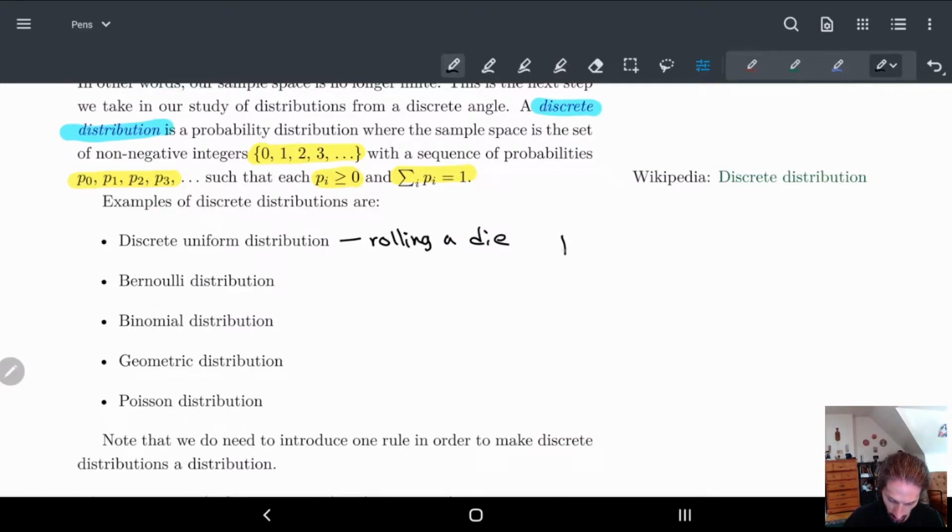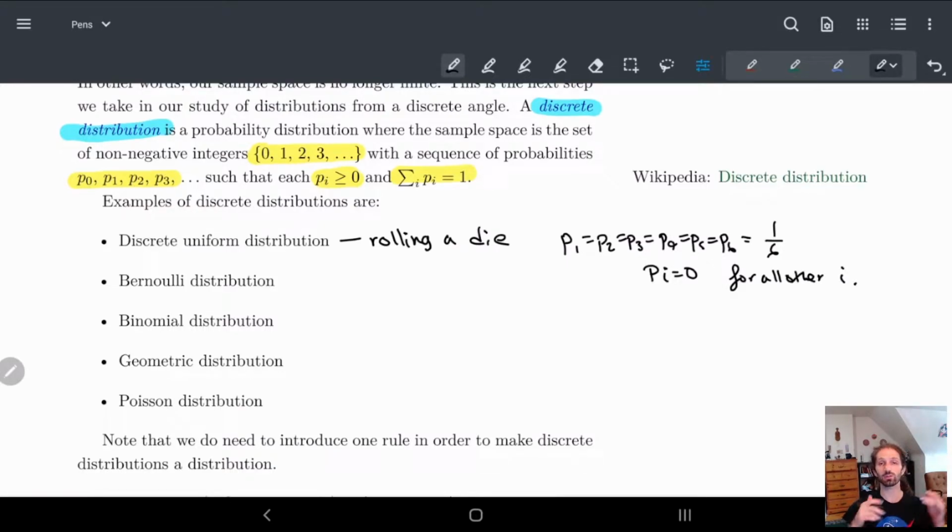Well, in this case, we have P1 equal to P2 equal to P3, the uniform part, equal to P6, which is equal to 1/6, and Pi is equal to 0 for all other i. If it's a finite thing, we just say it's 0 everywhere else, and in our little finite space, that's where it's non-zero.